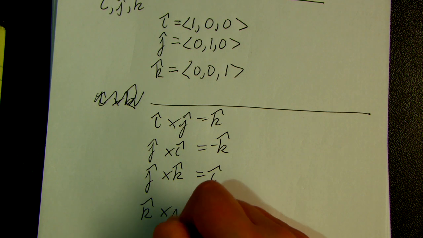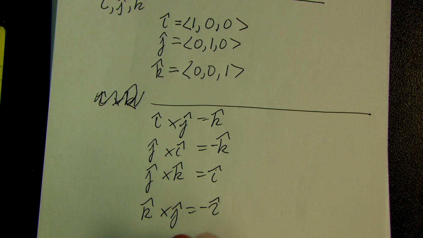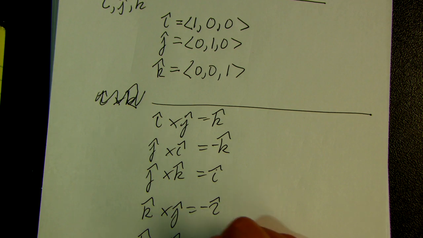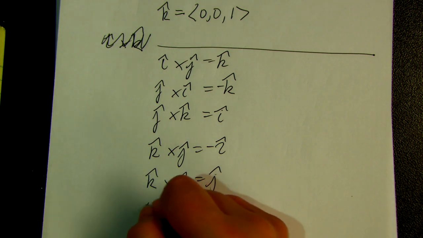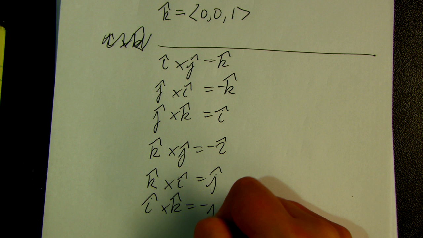K cross j is equal to minus I hat. K cross I is equal to j hat. And I cross k is equal to minus j hat.